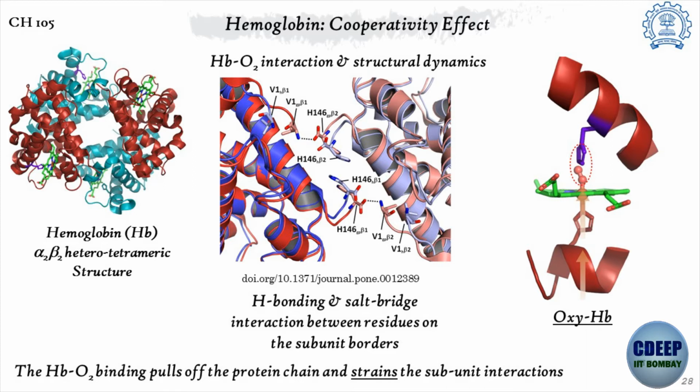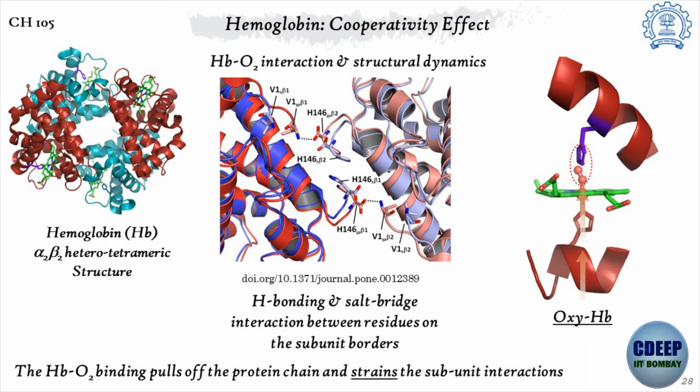Those interactions are mostly hydrogen bonding and salt bridge interactions. Salt bridge interaction means there is a protonated, acidic system and a basic system, and they interact through some ionic interaction and produce some strong bonding. This kind of bonding happens between the alpha and beta subunits present in the hemoglobin.